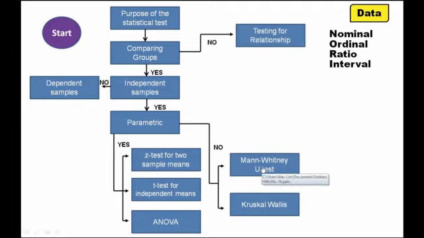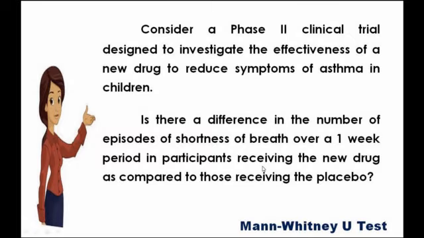Okay. Example of Mann-Whitney U test. Consider a phase 2 clinical trial designed to investigate the effectiveness of the new drug compared to placebo to reduce symptoms of asthma in children.